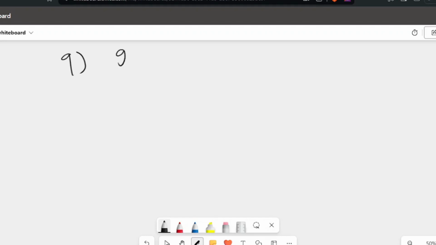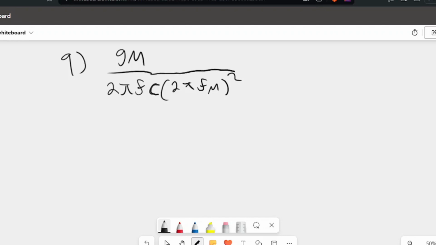So say we have g to the m over 2 pi f c, bracket 2 pi f m squared, which in this case, how we're going to begin is we just do our power by power.